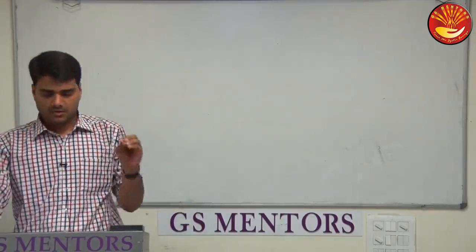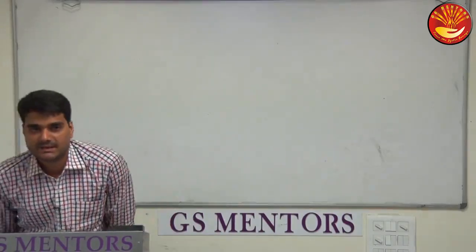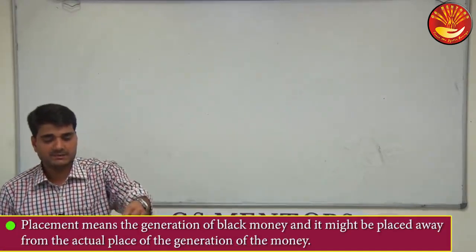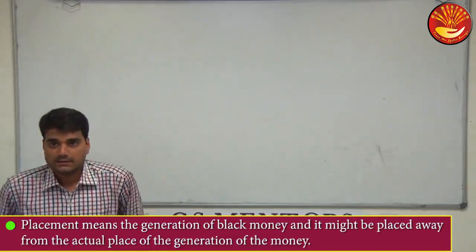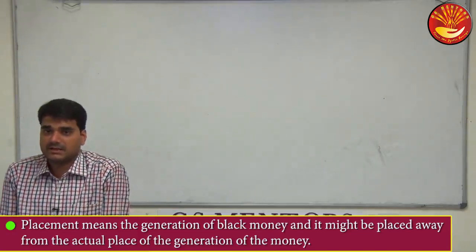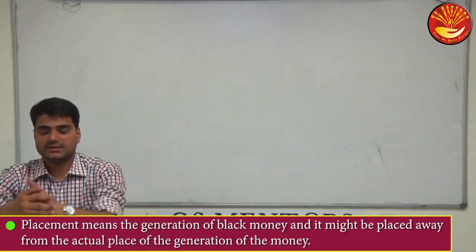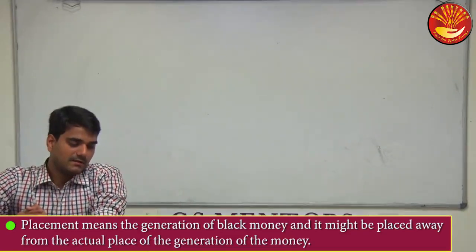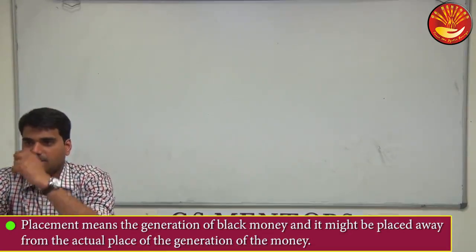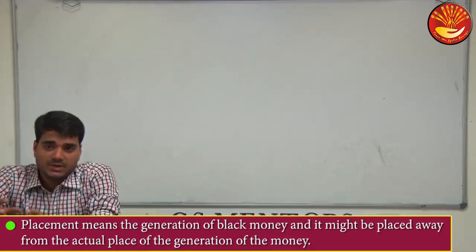Now you understand it. Now write down one or two lines about these three steps. The first one is placement. Placement means the generation of black money, and it might be placed away from the actual place of generation.